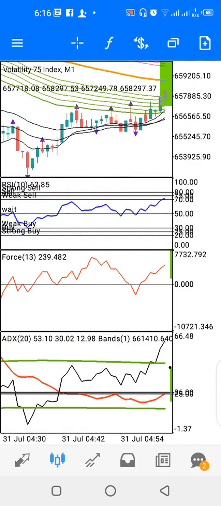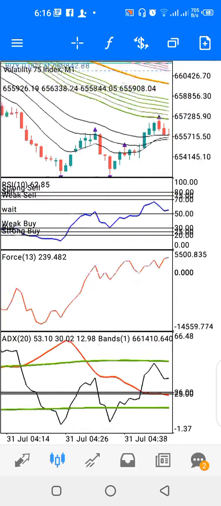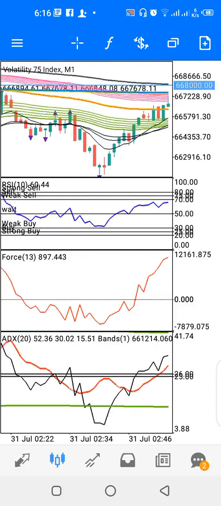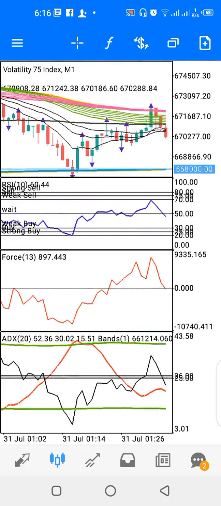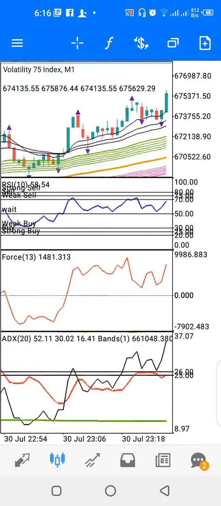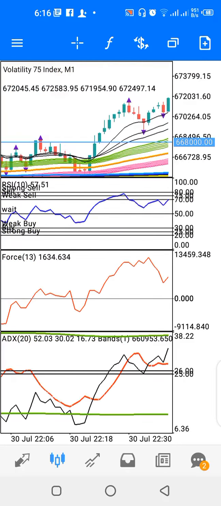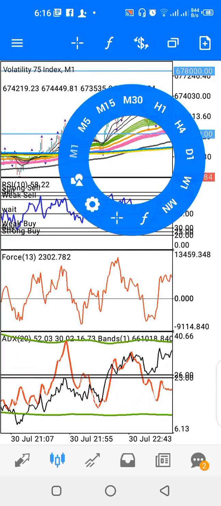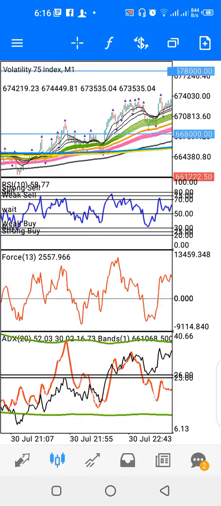The way the strategy works is on the main chart, I have so many moving averages, and when price is above all the moving averages like we have around here, that's when I aim to buy.